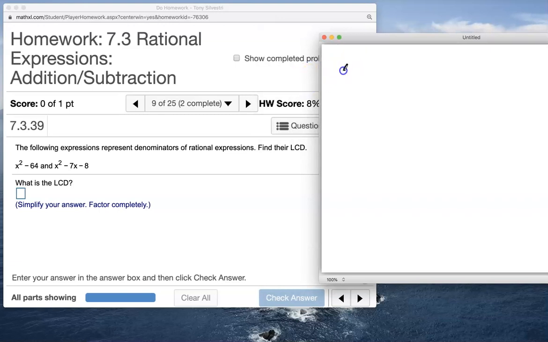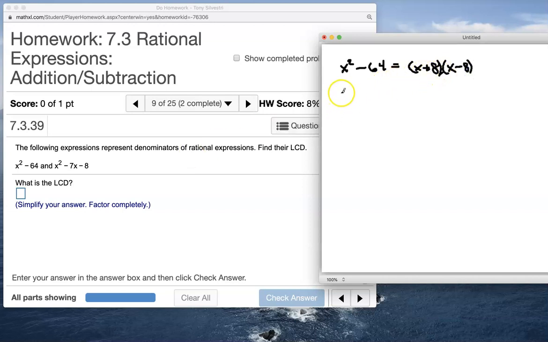canvas. Okay, so x squared minus 64 is equal to, well, I'm going to say this, x plus 8, x minus 8, because it's a difference of two squares. These are my factors.